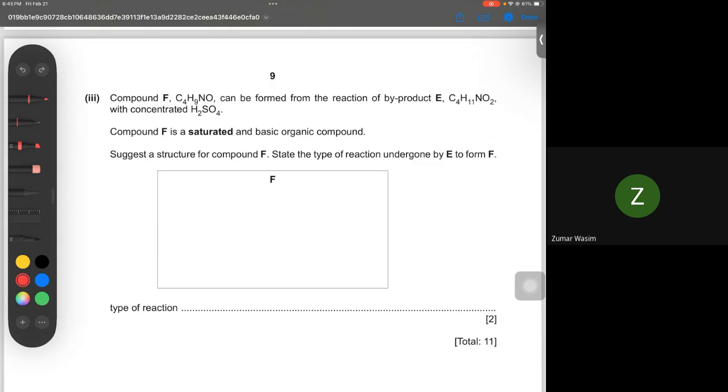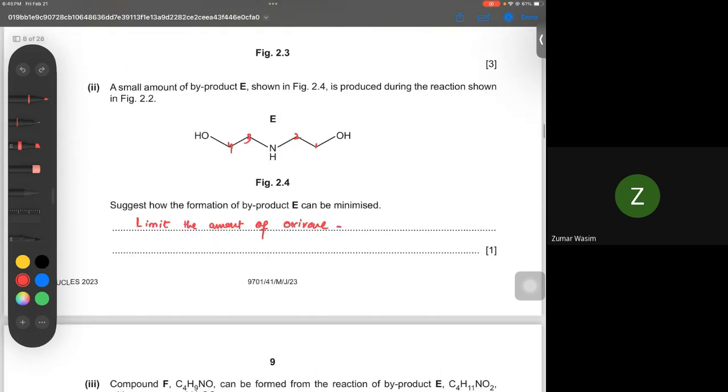First of all, I want to know what E is. E is this. I'm going to add concentrated sulfuric acid to this. You know that this is a dehydrating agent. It removes water.